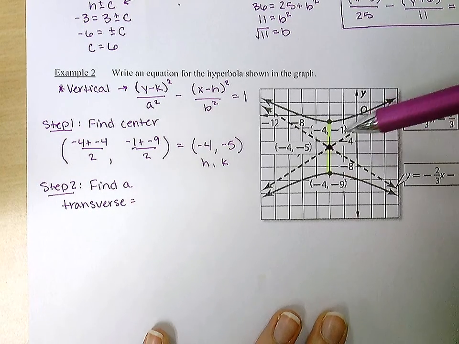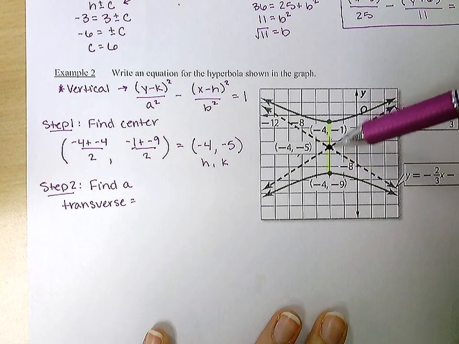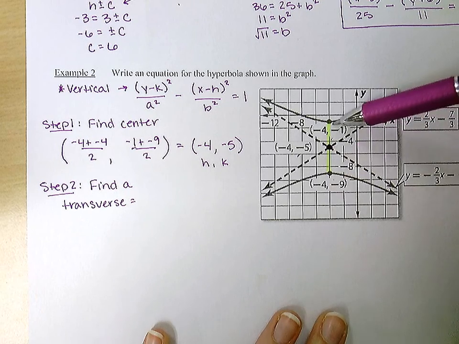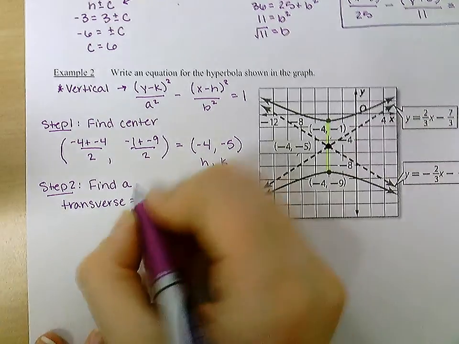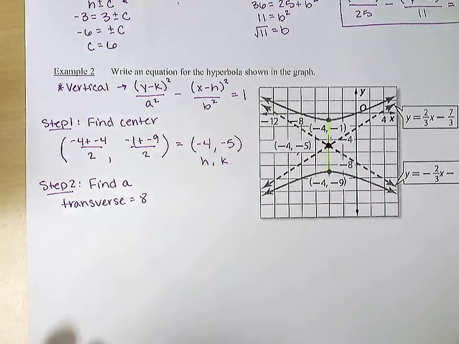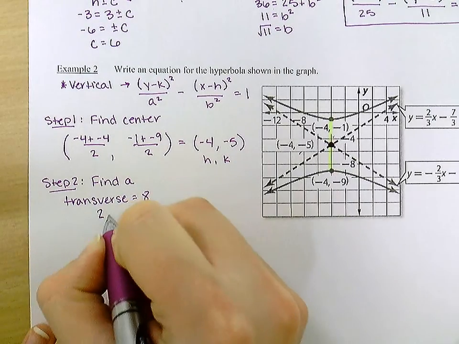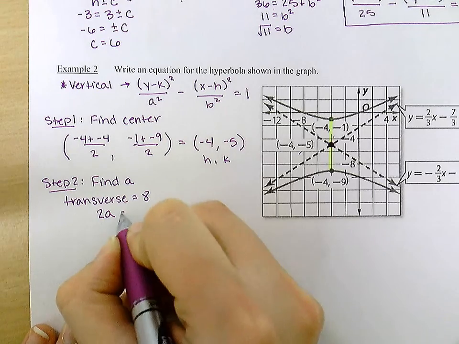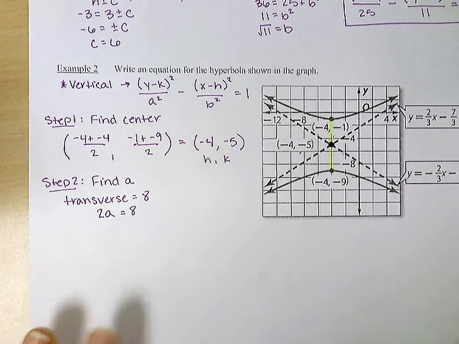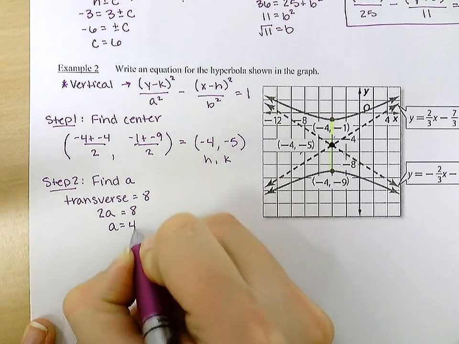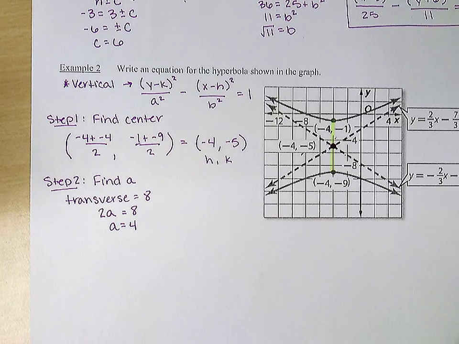Again, these go up by 2s. So this is 2, 4, 6, 8. Okay, so our transverse axis is 8 units. And that transverse axis is equal to 2a. So divide by 2 to get a is equal to 4.